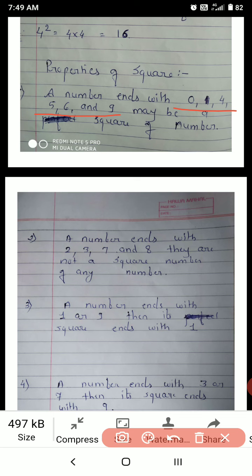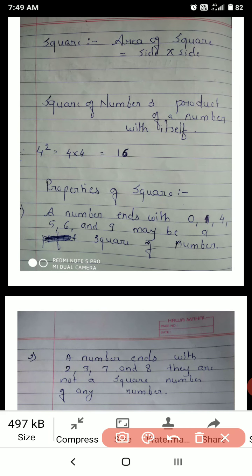If any number is ending with 0, 1, 4, 5, 6 or 9, that number may or may not be a square of any number. Why? See here, if we are finding the square of 1, the answer is coming 1. The square of 2, the answer is coming 4. 3, 9 and 4, 16, like that.